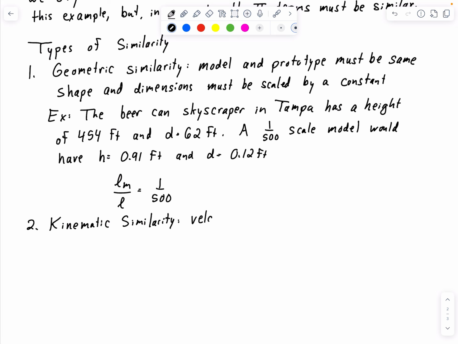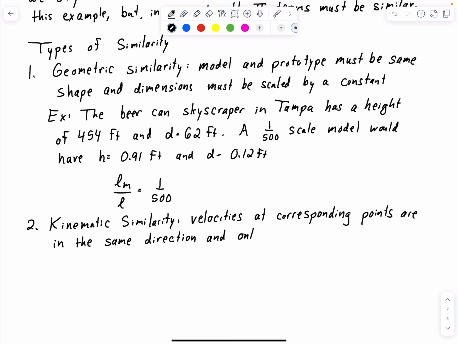So here the velocities at corresponding points are in the same direction, and they only differ by a constant scaled factor.